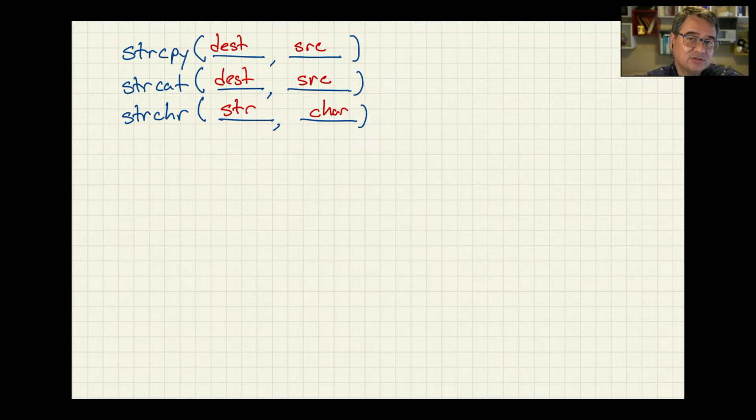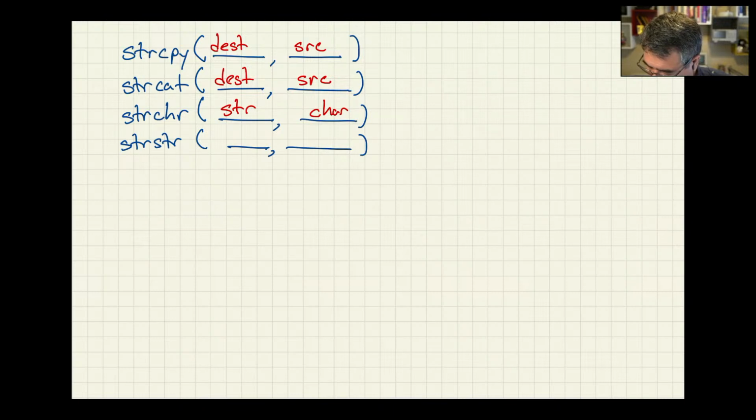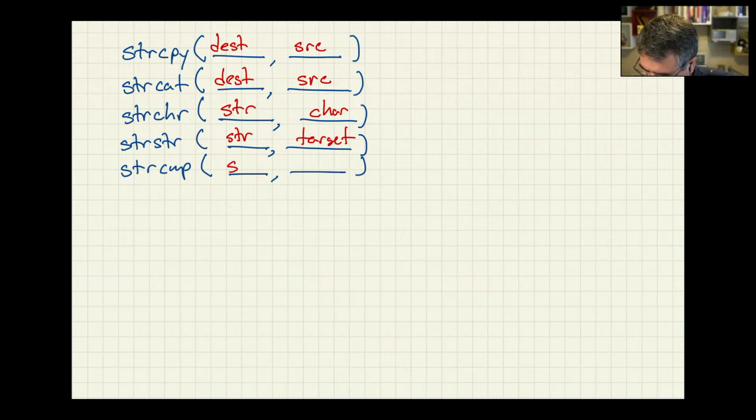It gives you back a pointer to where that character is. And then strstr will search for a target string within a larger string. And then finally, string compare. You give it 2 strings and it tells you how those strings compare to each other.